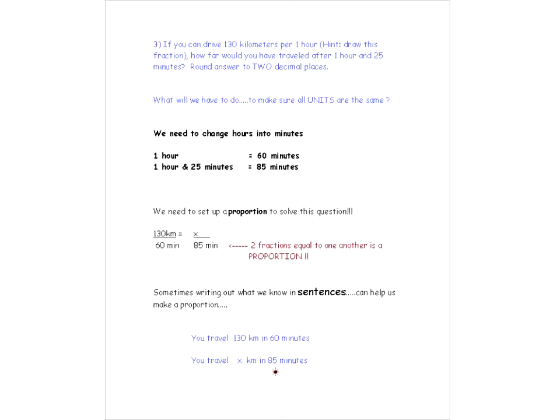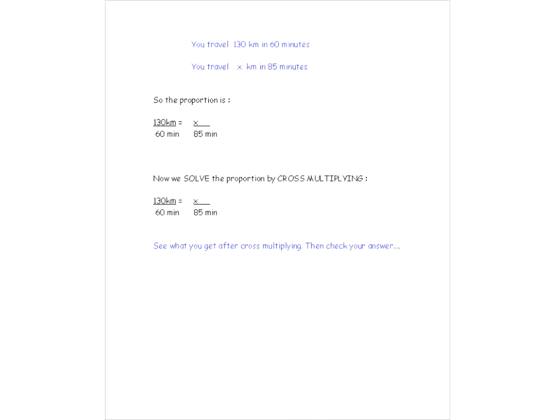And then you say, okay, well then I travel x kilometers in 85 minutes. Setting it up that way can help you set it up as a proportion. So if you go on to the next screen, once you see that 130 kilometers is connected with 60 minutes, you can put that 130 kilometers over 60 minutes, you put the x over 85, and now you have your proportion set up and you can solve for it.